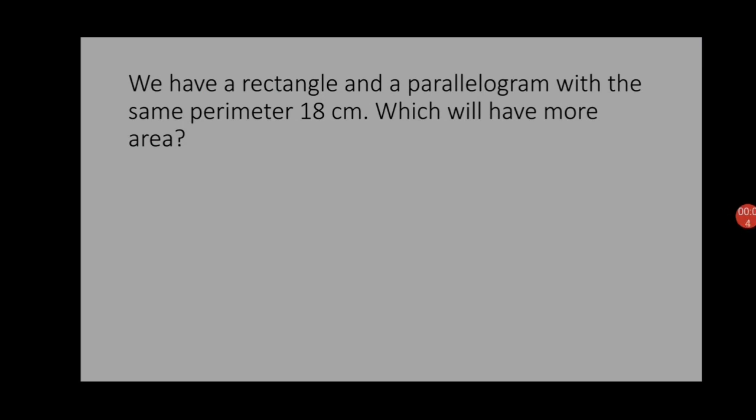Here is a very interesting question. We have a rectangle and a parallelogram with the same perimeter, 18 centimeter. Which will have more area? See, two are quadrilaterals, one is a parallelogram and another one is a rectangle.